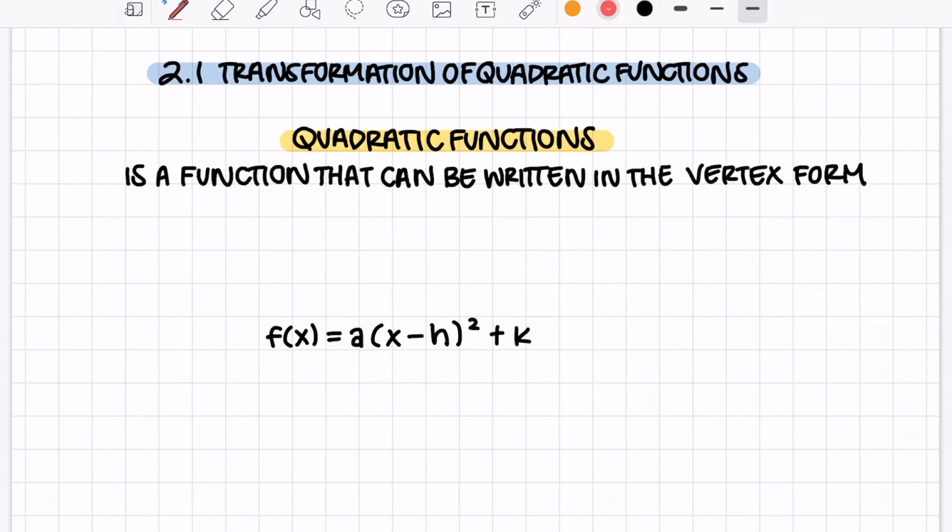For example, whenever we look at a, that will identify if we have a horizontal or a vertical shrink or stretch.